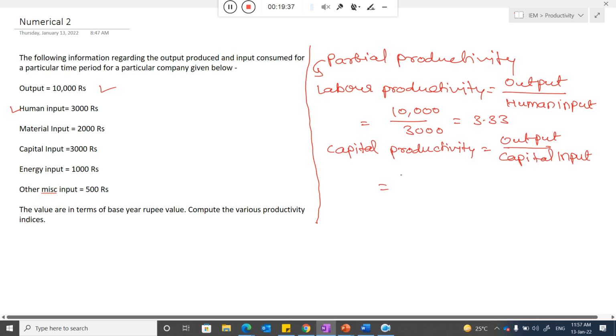Output is 10,000 again, the same output, and the capital input. What is the capital input? That is again 3,000, so 3.33. The capital productivity is done. I think the next is the material productivity.